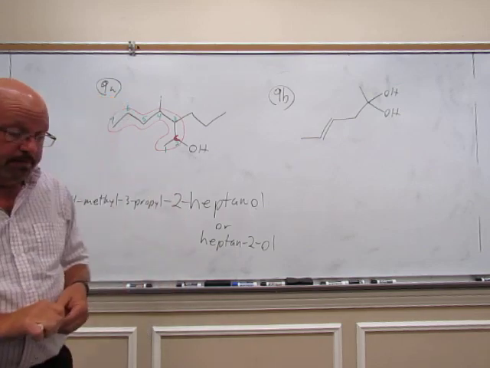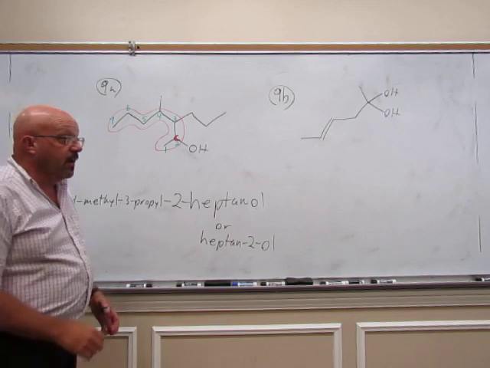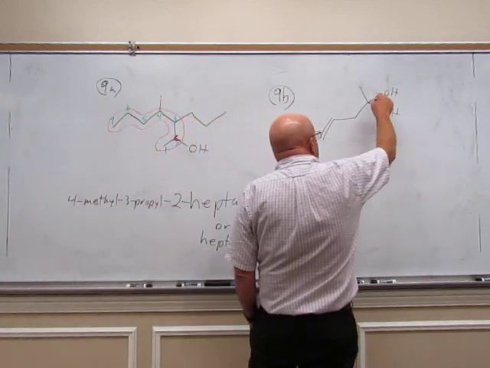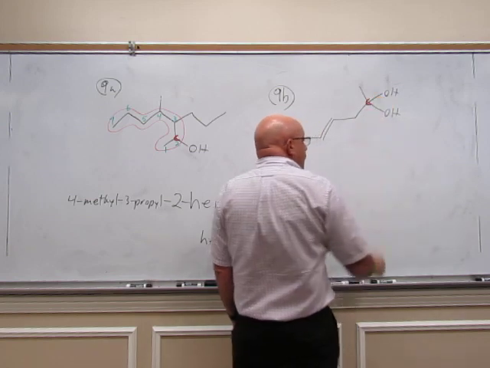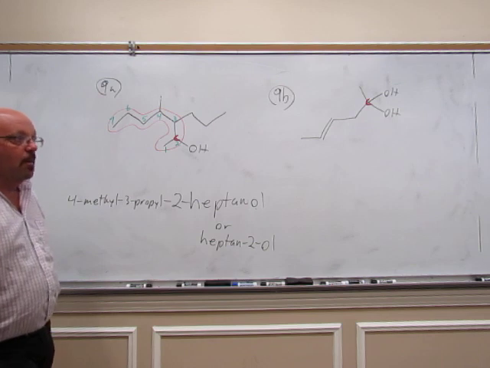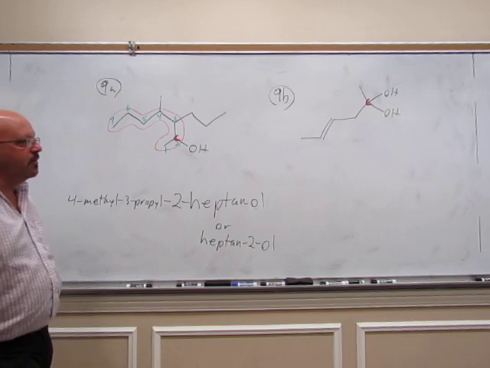Looking at our next one, this one's got a lot in it. We've got a couple of alcohol groups and an alkene. The rules for the alcohol said we must include the carbon bearing the OH group. It happened to be on the same carbon here, but if they were on different ones, you would have to include both of those carbons in your parent chain.